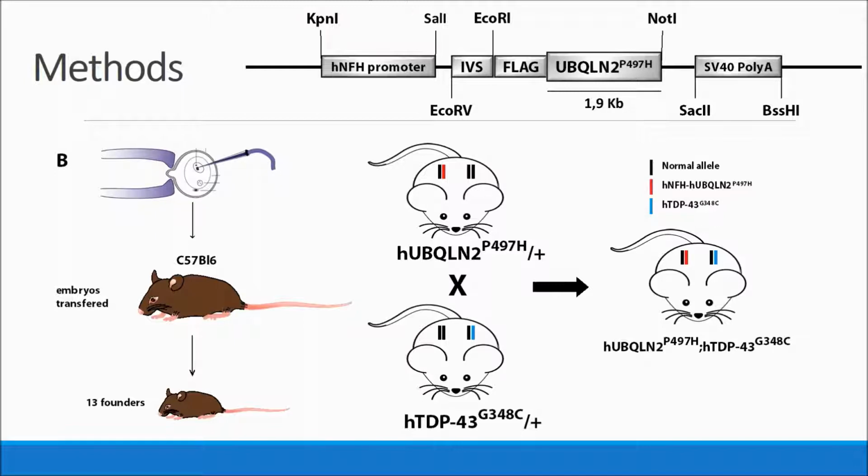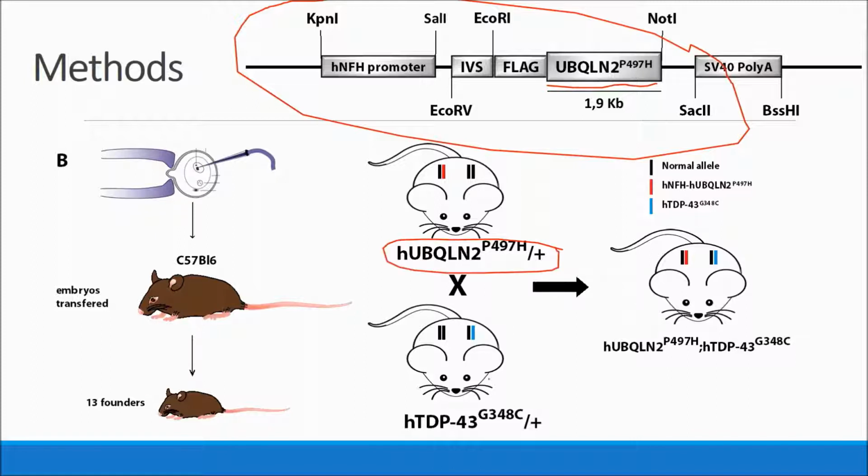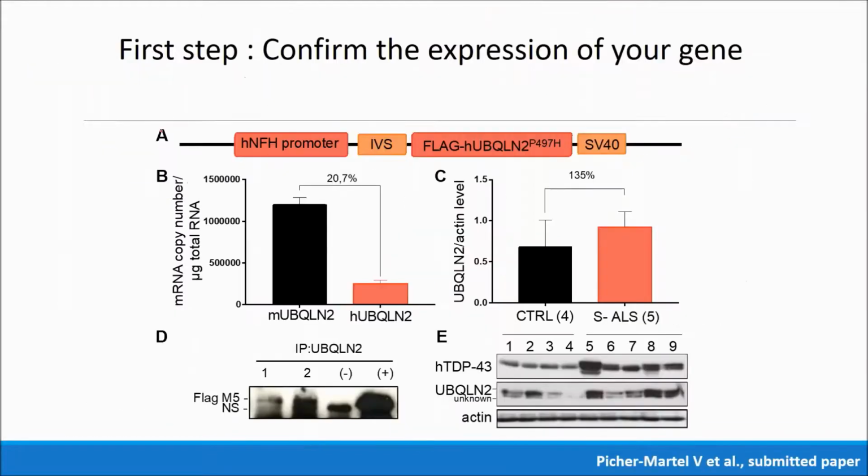So like I explained before, we generated a plasmid with Ubiquilin-2 mutations, and we injected it into mouse and generated a new Ubiquilin-2 mice and crossed it with the TDP-43 mouse that I said before that we generated in 2011. So both mutations create doubly transgenic mice. And I will refer to these mice as doubly transgenic for the rest of the presentation.